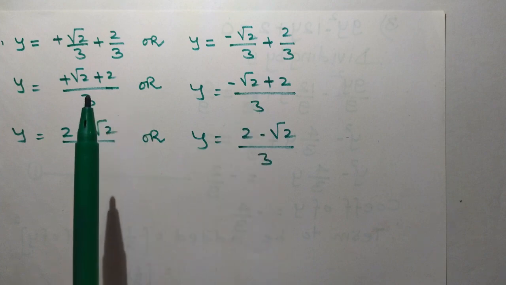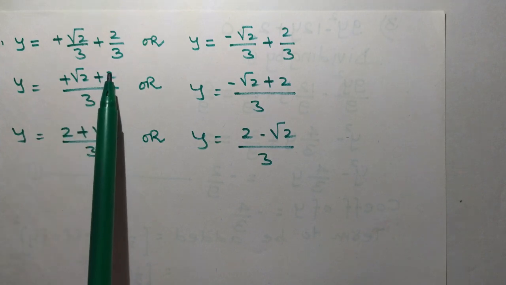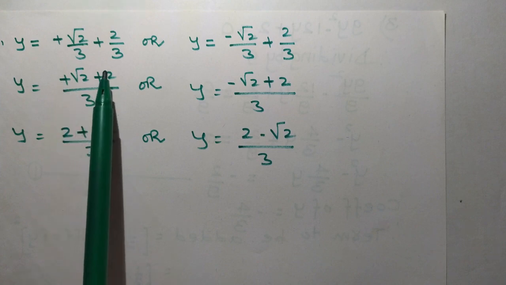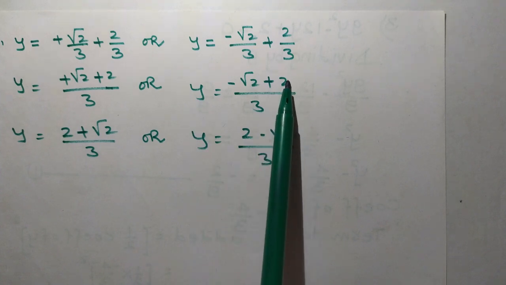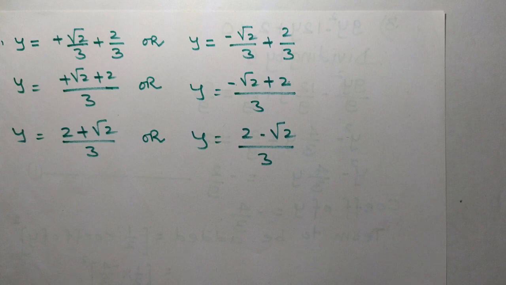But as you people have already studied in 9th standard about the arrangement of rational and irrational numbers, first of all write the rational number 2 and then write the irrational number. So it will be 2 plus root 2 upon 3. Here it will be 2 minus root 2 upon 3. These are the solutions of the given quadratic equation by the completing square method.